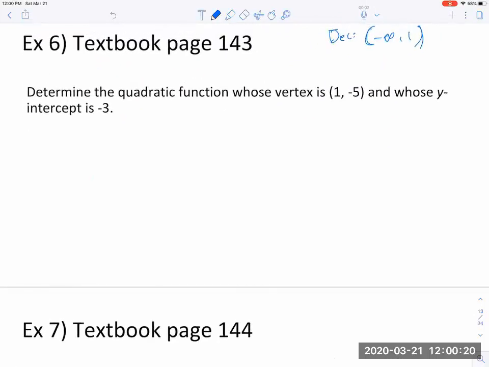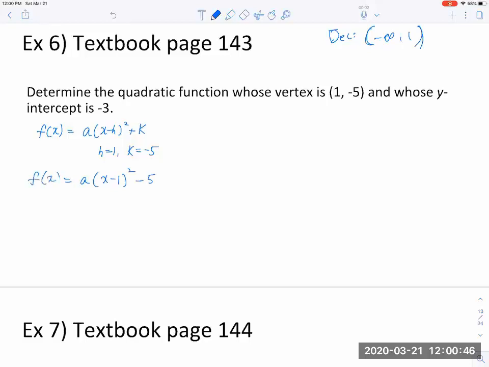Determine the quadratic function whose vertex is (1, negative 5) and y-intercept is negative 3. So we already know the vertex form. They say h is 1, k is negative 5. I'm going to plug in: a times (x minus 1) squared minus 5, right?